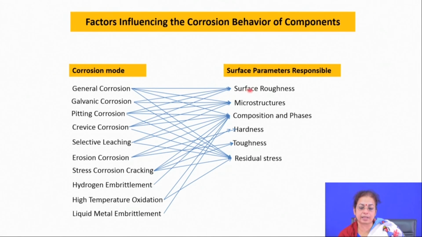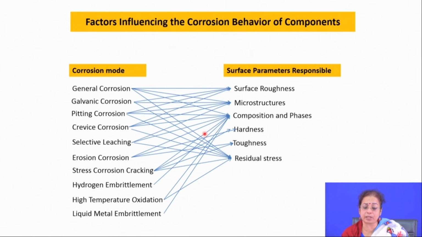Surface roughness, surface microstructure, composition and phases, these 3 parameters are very important, and also residual stress. So these 4 parameters control the general corrosion behavior of the component. For galvanic corrosion, surface material composition is very important, roughness is important, microstructure is important, and residual stress is important.